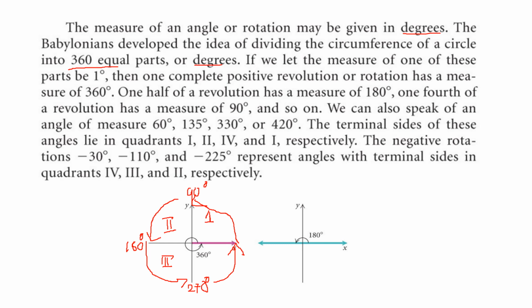So totally we have 4 quadrants, and here we mention one complete rotation is 360 degrees and half rotation is 180 degrees.